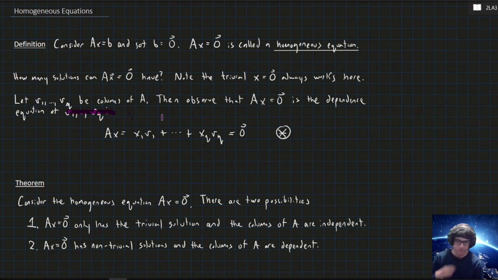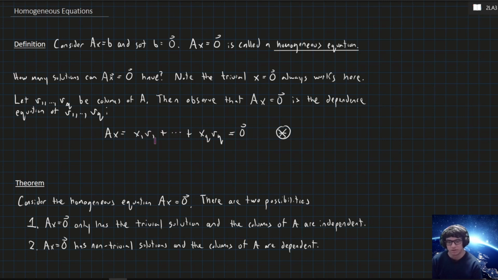And if there were some other solution, then they were dependent. Ax, when you multiply it out, is equal to this, just using the linear combination of columns method.